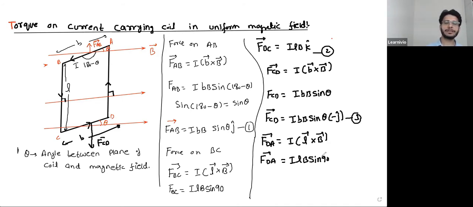And if I apply the right hand thumb rule, your current is upwards, your magnetic field is horizontal, and the thumb is going inwards. Inwards means minus k cap. So FDA is minus ILB k cap. That's equation number 4. Now, next calculate the net force.